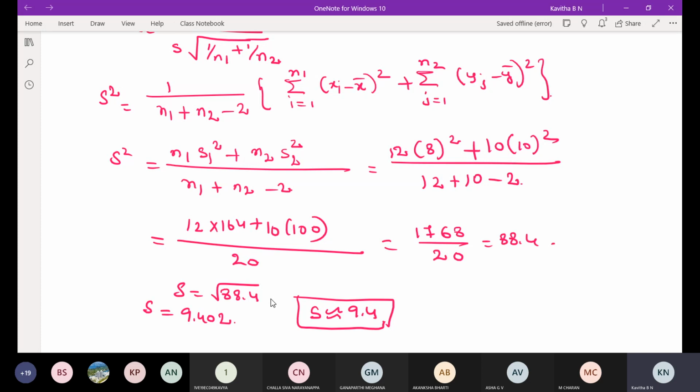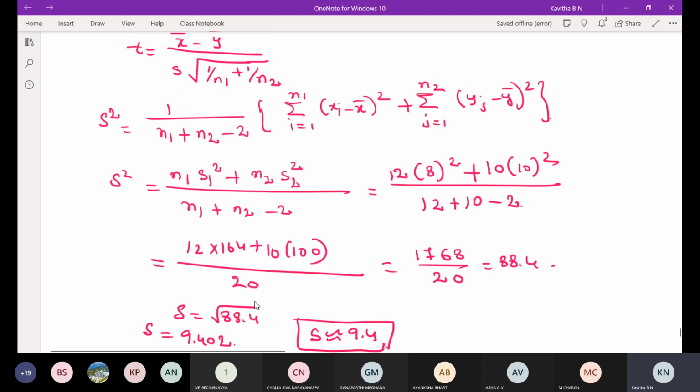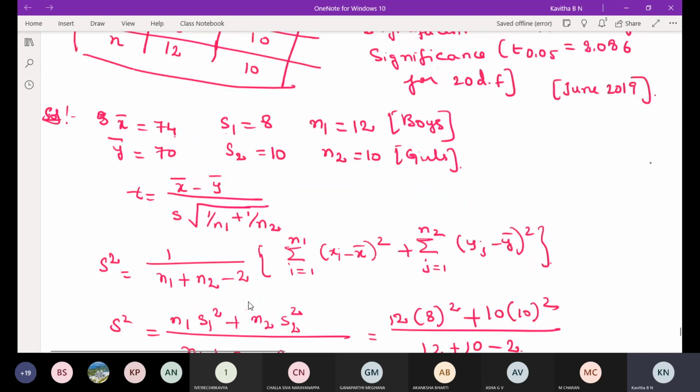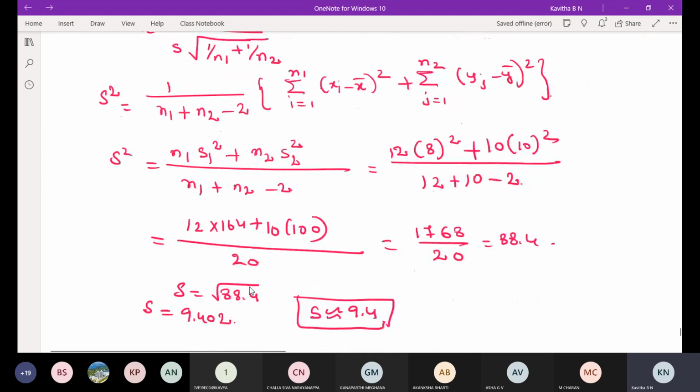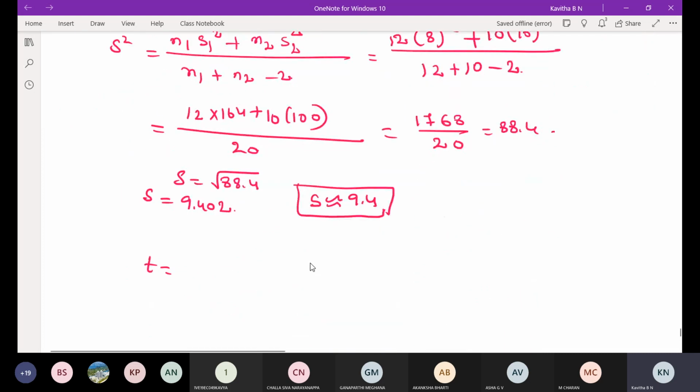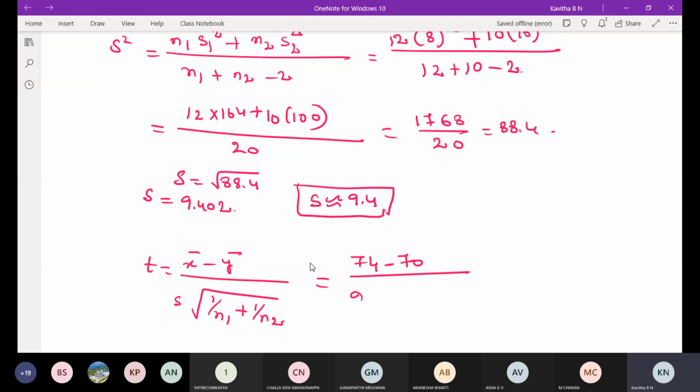Next we need to find the t naught. The t formula is t is equal to x bar minus y bar whole divided by s into square root of 1 over n1 plus 1 over n2. So x bar is 74 and y bar is 70, whole divided by s is 9.4 square root of 1 by 12 plus 1 by 10.